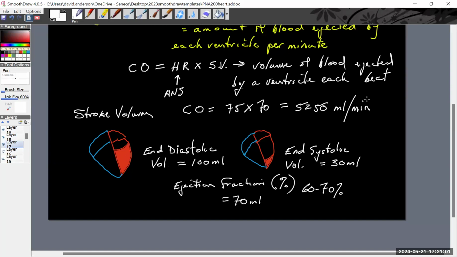Now, does anybody know what an average blood volume is in a typical human? Total blood volume in liters. Anybody have any idea? Five. 5,000 milliliters? Okay, you know what I'm going to say to these answers. Yeah, approximately 5 liters.